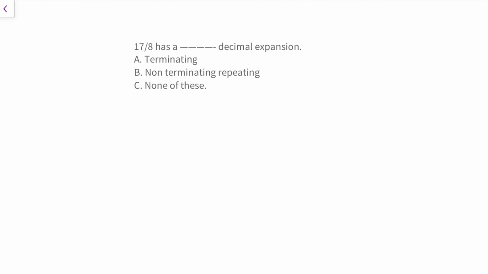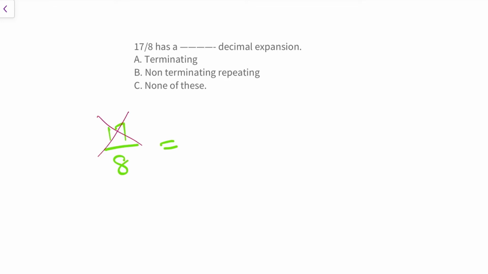Next, 17/8 has a dash decimal expansion. Again, these kinds of questions may come in the next questions also, so I will explain clearly here. Whenever the question is about whether a given number has a terminating or non-terminating decimal, the process is the same.